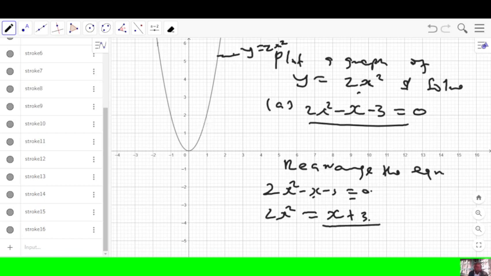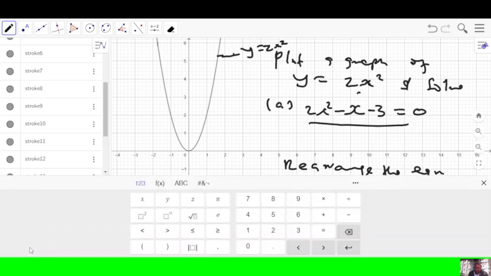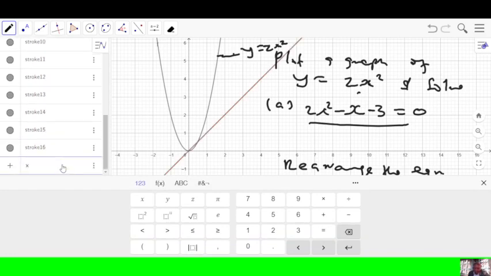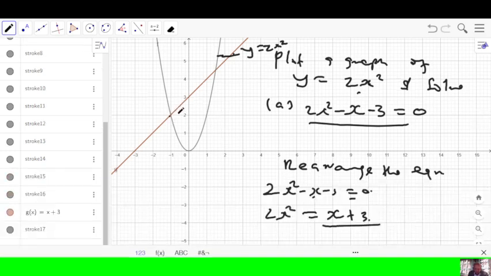So allow me to draw a graph of x plus 3 and see how it comes. So that's the graph of x plus 3. And now we will be able to find out from this graph what are the corresponding values of x. As you can see, that is the point and this is the point.